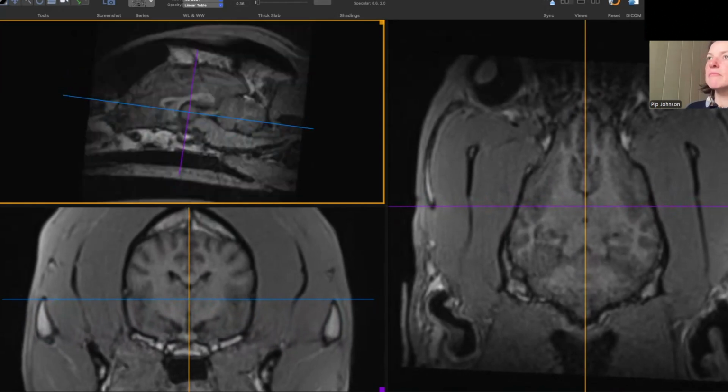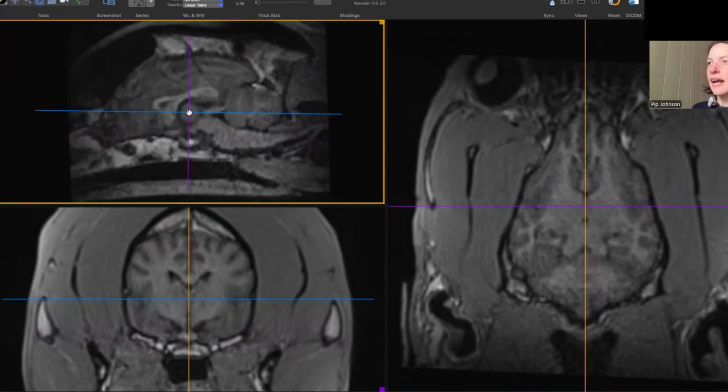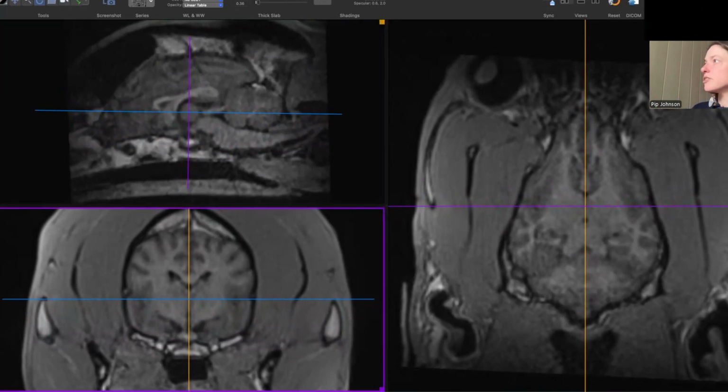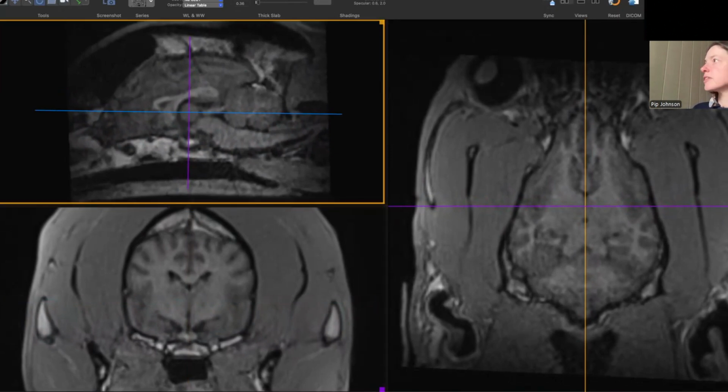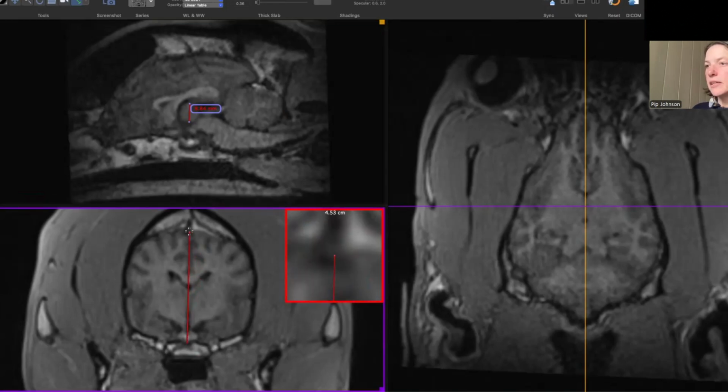So this basically slices the brain along its length really nicely. And from that, we can do our interthalamic adhesion height measurement on our sagittal plane sequence, and we can do our height measurement on our transverse plane sequence really nicely. And then we're going to go up to here.